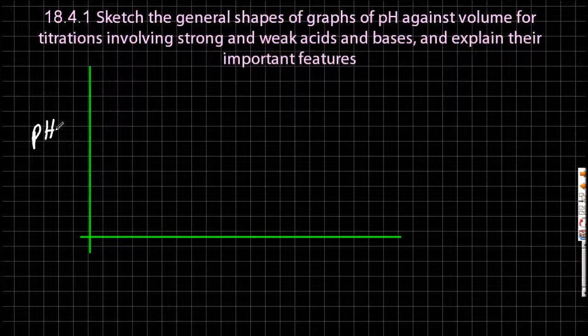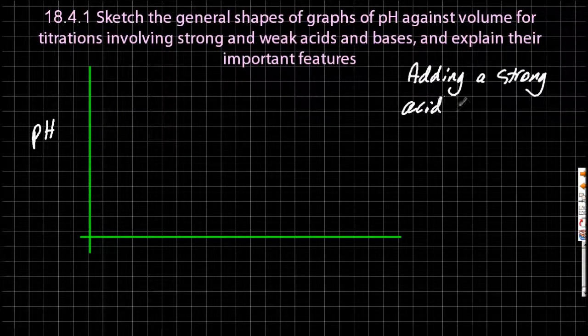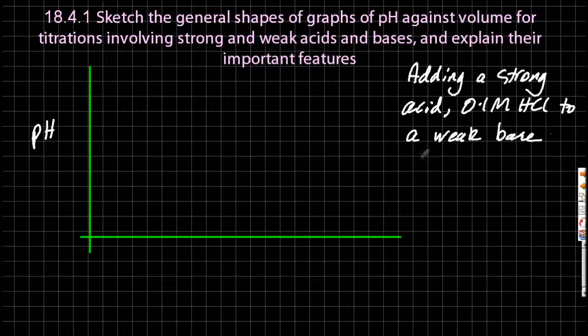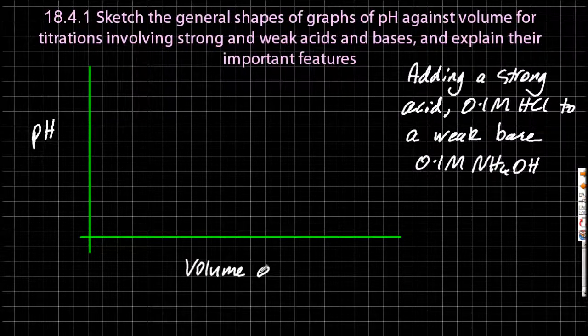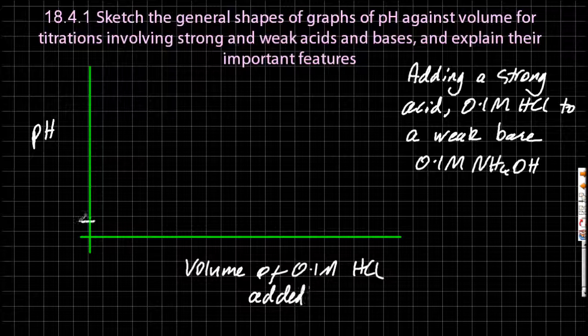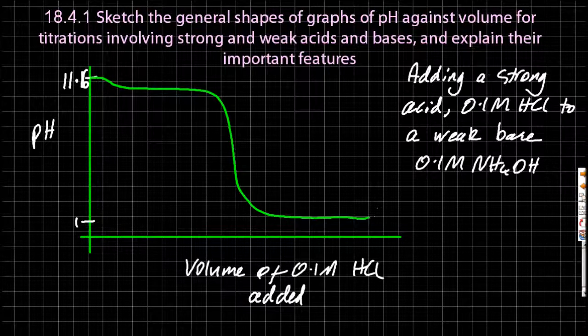One more graph. So this time, I'm actually going to add acid, whereas before I've been adding base. I'm going to add a strong acid to a weak base. So starting off with a weak base, I'm trying to draw a little wibble there to show yet another buffer. And we end up at pH 1, which is essentially just the acid and its salt.